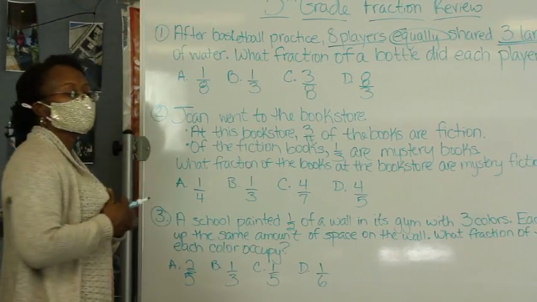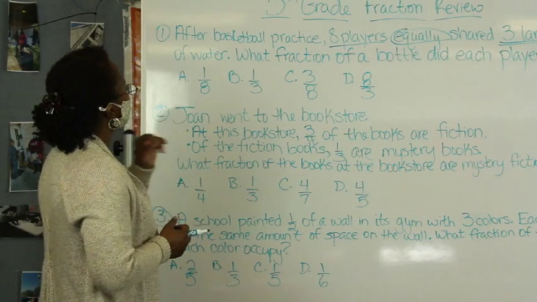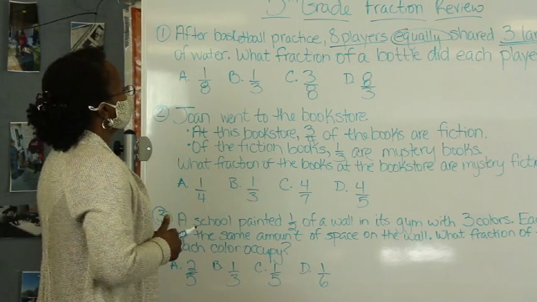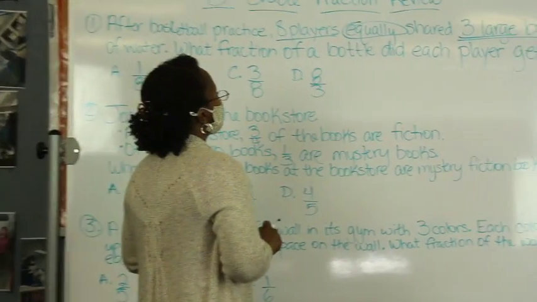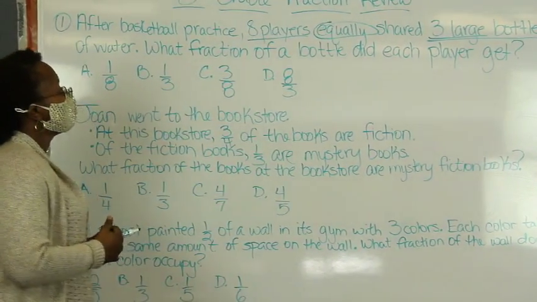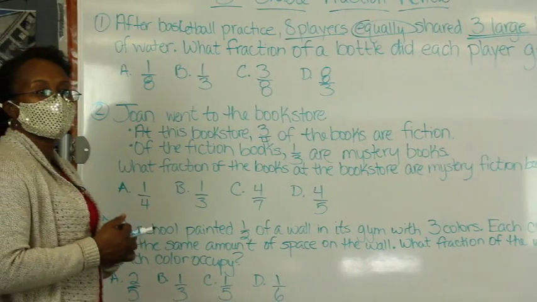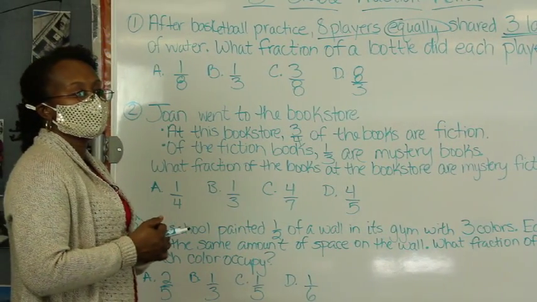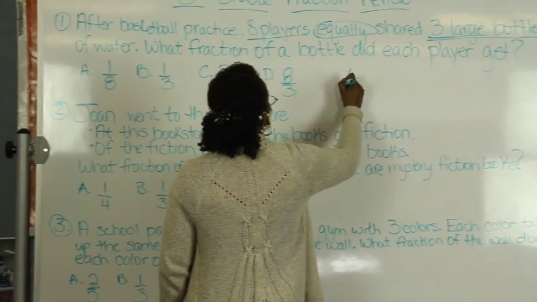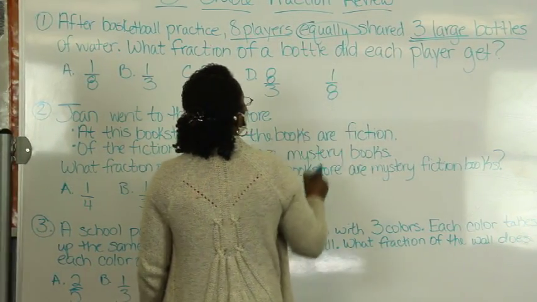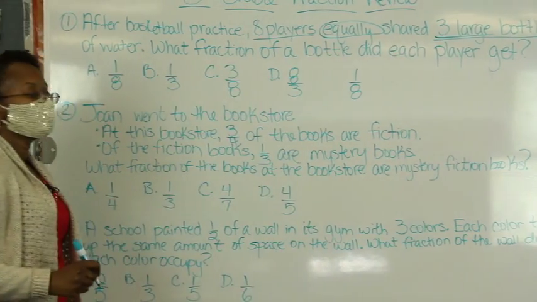So we're going to come up with our answer before we even look at all these different answers, okay? So you have 8 players and you only have 3 bottles. So how much of each bottle will each player get? Each player is going to get an 1/8, okay, of a bottle.